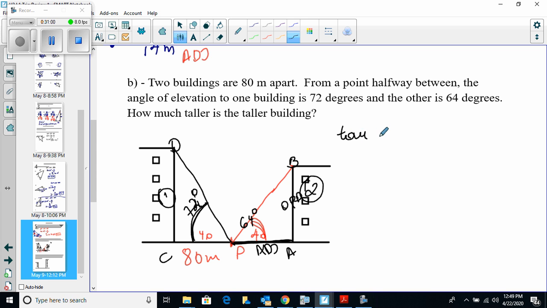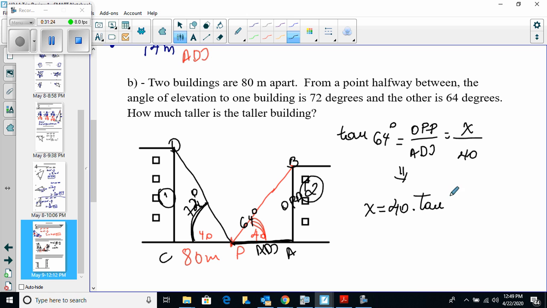So tangent 64 degrees is equal to opposite over adjacent. And then we will have opposite, which is x, and adjacent, which is 40. From here, we find that the height of building 2 is 40 times tangent 64.